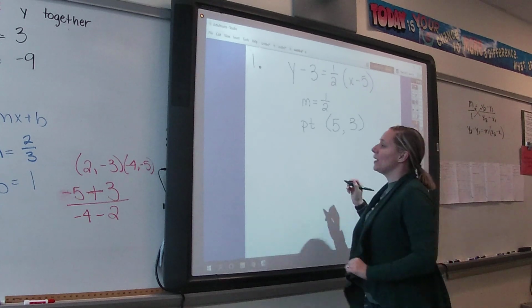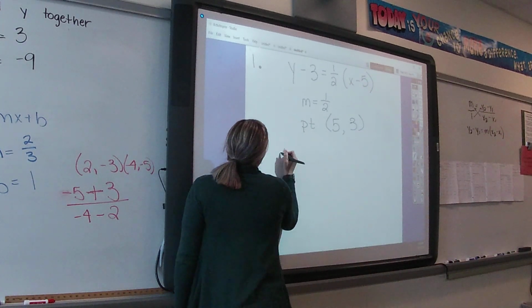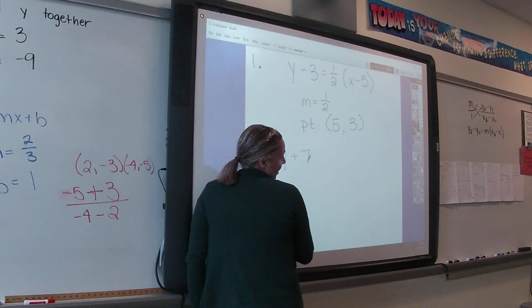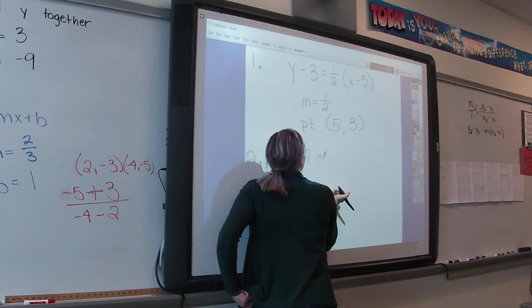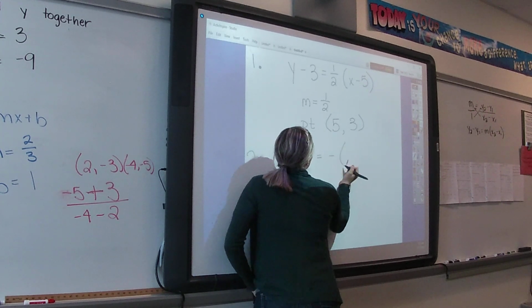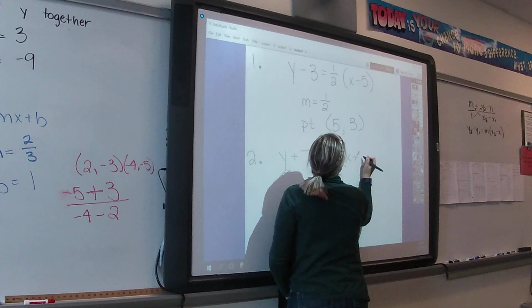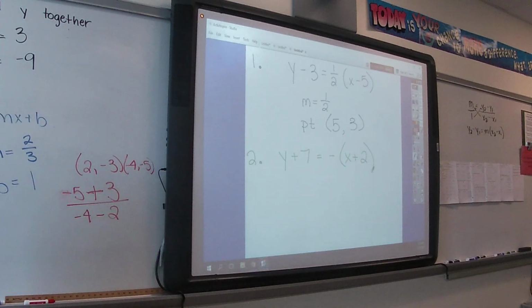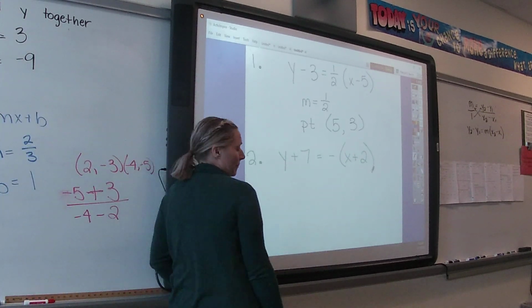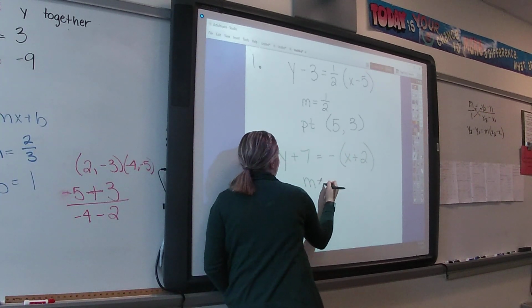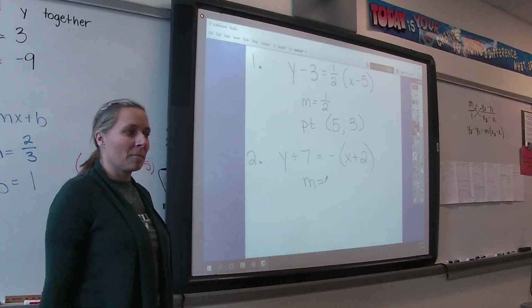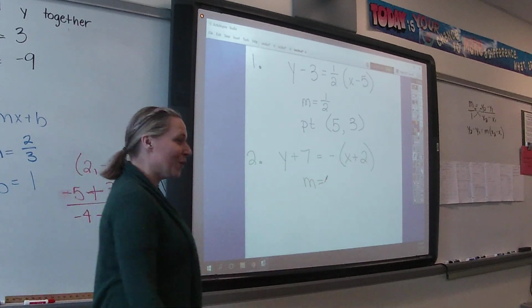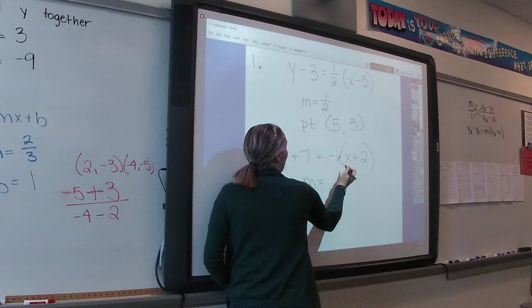Wait, so if those are positive, yep. So then let's look at another one. What if we say y plus 7 equals negative parenthesis x plus 2? What's our slope going to equal? -1.